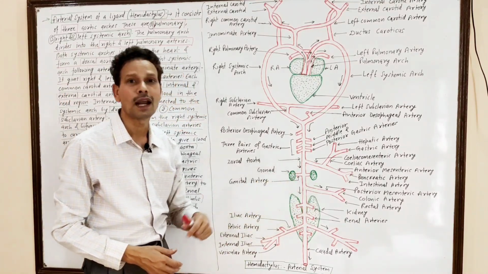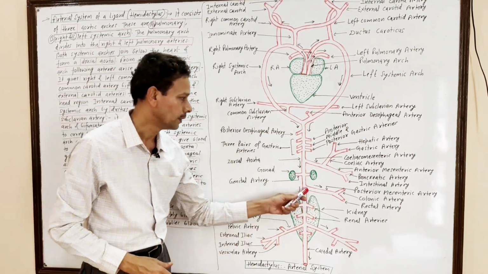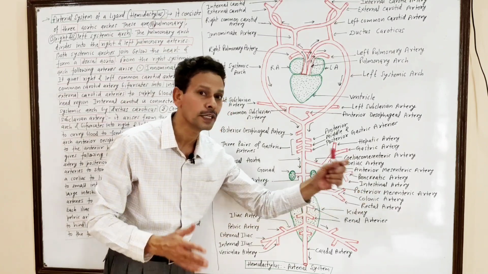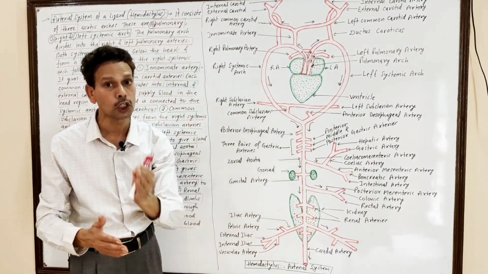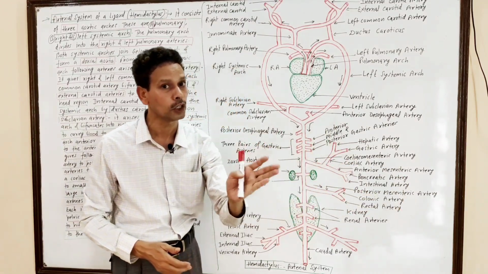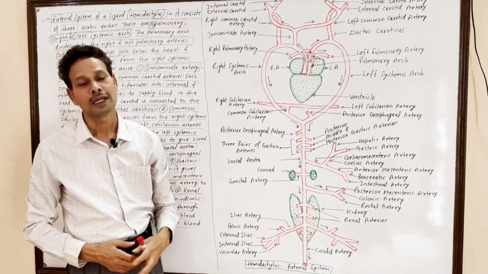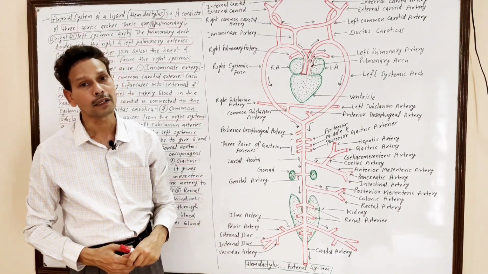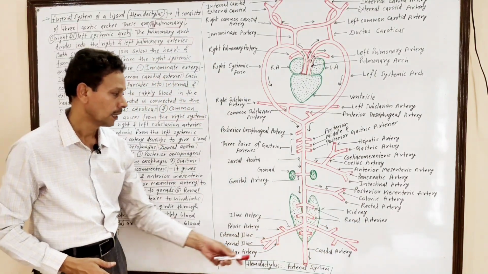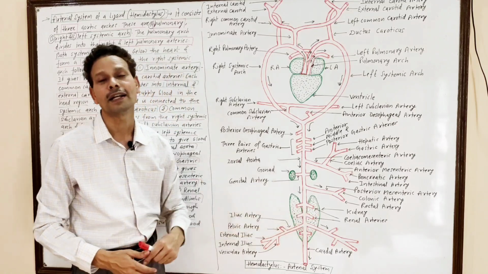A pair of genital arteries carry blood to gonads, and this posterior mesenteric artery carries blood to large intestine, cecum, colon, rectum, through the colonic and rectal arteries, and kidney receives a few pair of renal arteries.